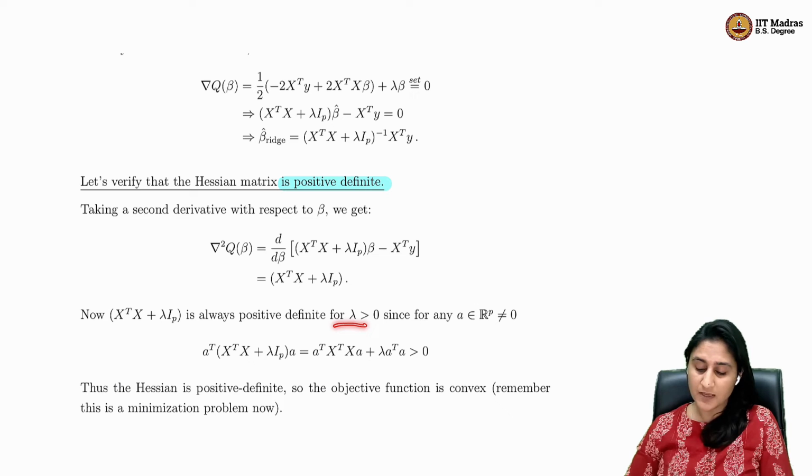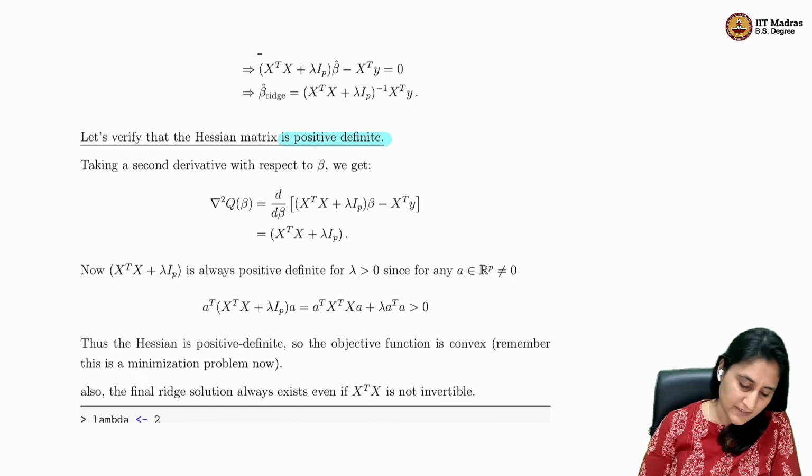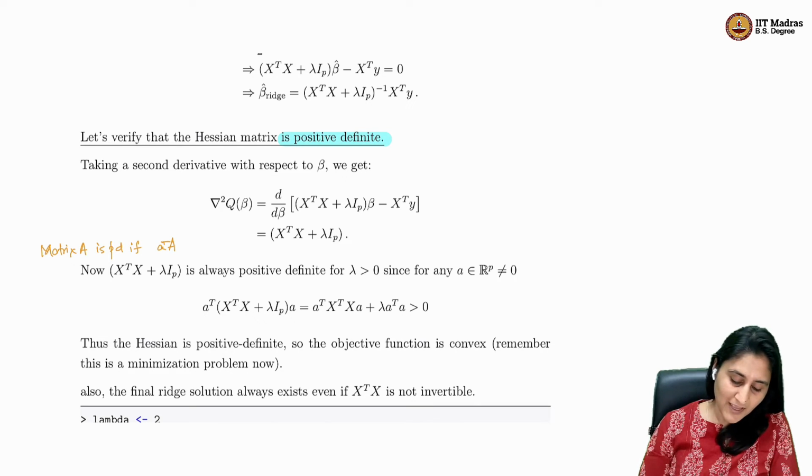So if lambda is positive, then if we take any non-zero vector a in R^p, and I look at a transpose times the matrix A. One way to check positive definiteness is that a matrix A is positive definite if a transpose A a is always greater than 0 for all a that's not 0. This is one way to check whether a matrix is positive definite or not.